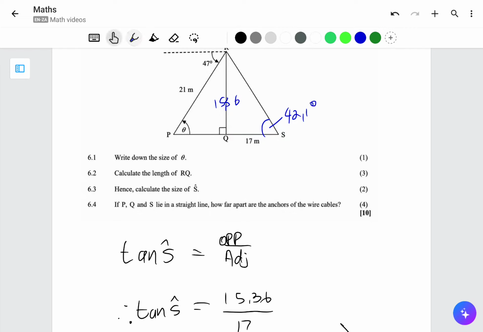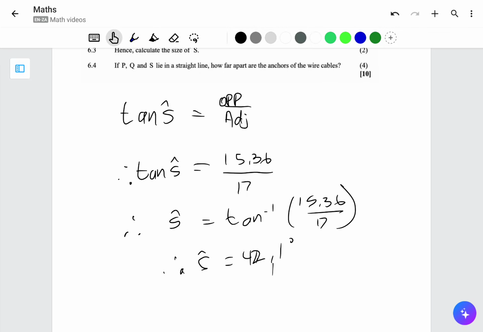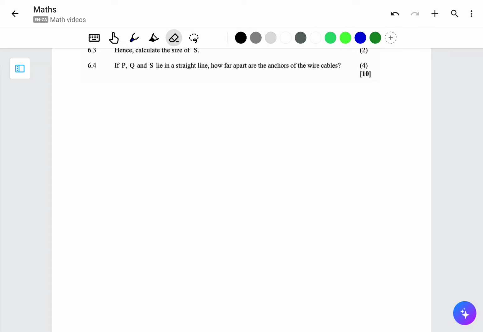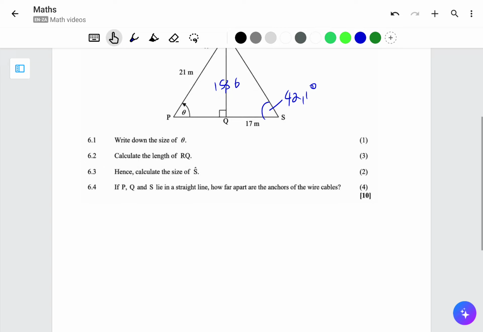Alright, let's look at our last question. 6.4 says that if P, Q, and S lie on a straight line, how far apart are the anchors of the wire cables? Remember the anchors are there.